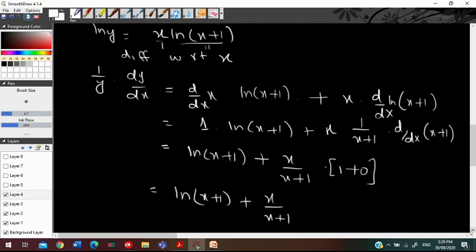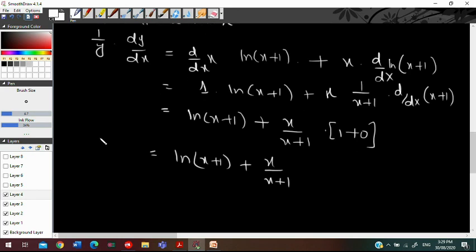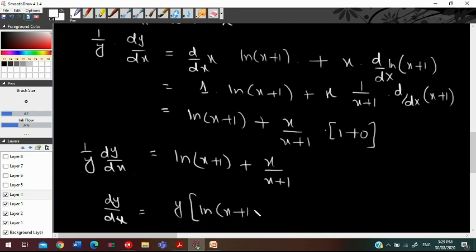But the one thing here, we have 1 by y dy by dx, and we have to find just dy by dx. So we bring this y over here, log of x plus 1 plus x divided by x plus 1. So what is the value of this y? We just write the value of y and get the result.